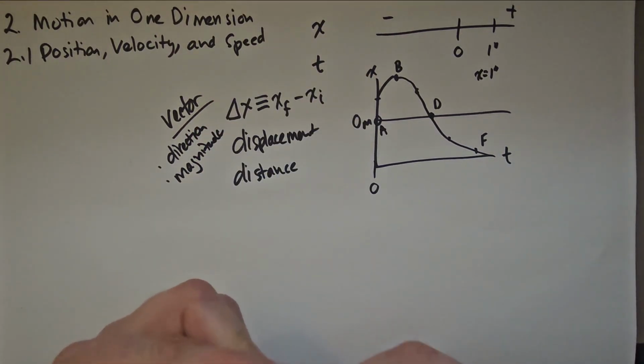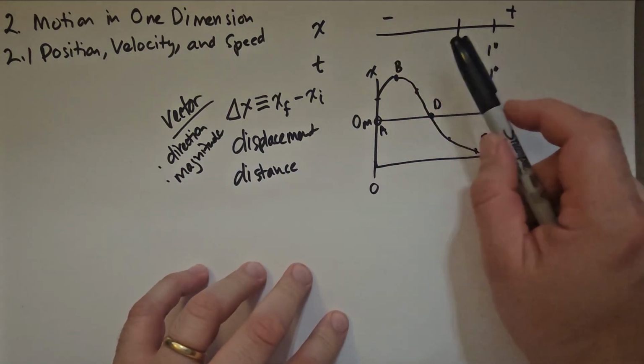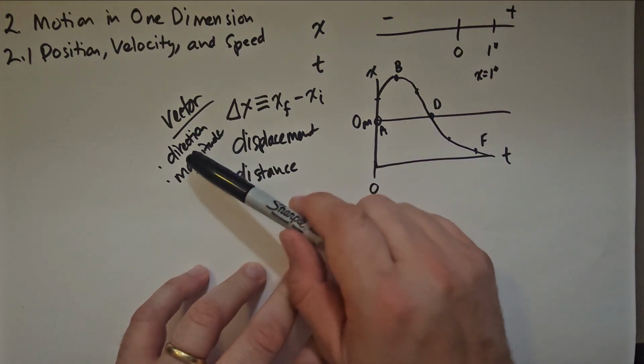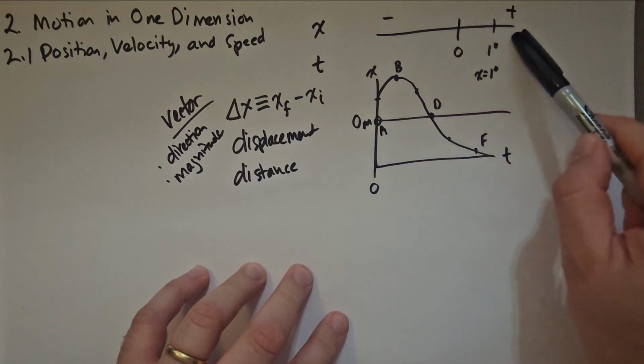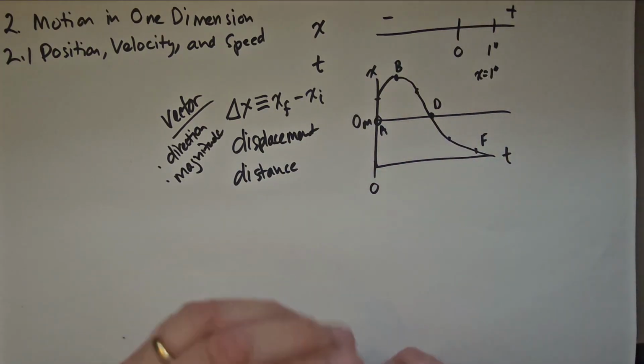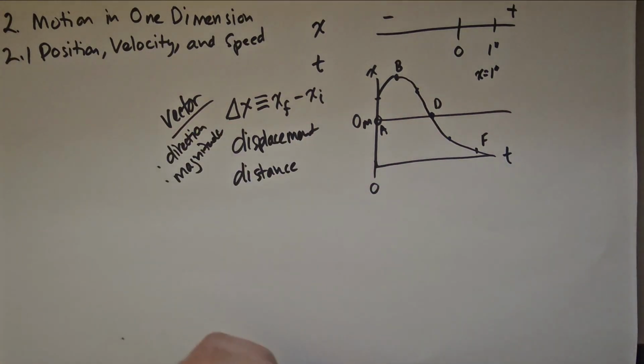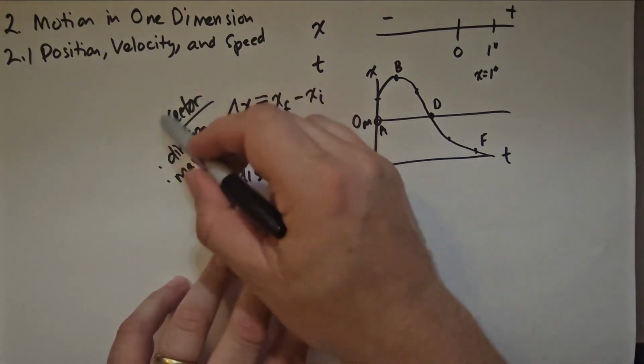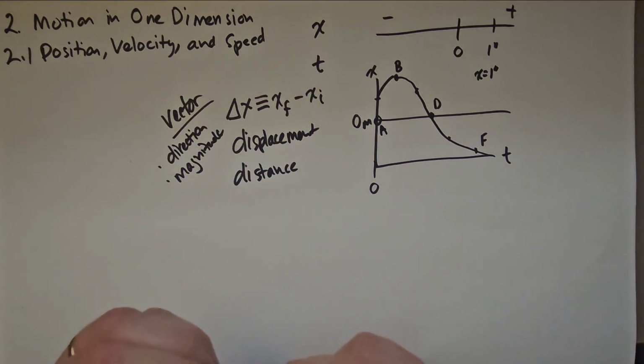So in our case, since we're only operating in one dimension, the sign of the number indicates whether it's towards the right or towards the left. And then the magnitude is just how big the number is. So plus 3 meters would be 3 meters to the right. Minus 3 meters would be 3 meters to the left, right? And so a vector combines these two concepts into one.